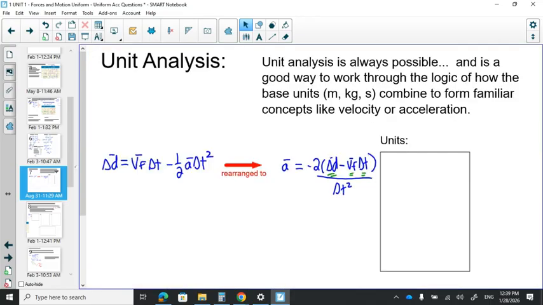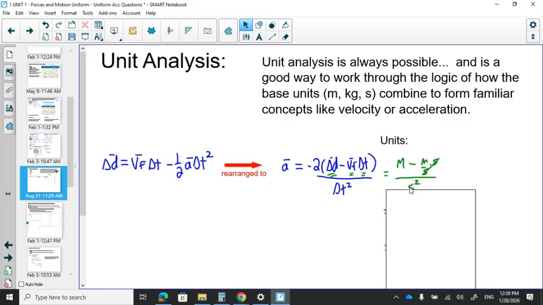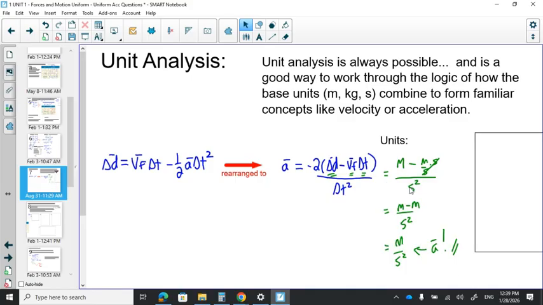In this case, press pause and put things in if you want. You have meters in the displacement. You have meters per second times seconds. So right here I have meters, and then meters per second times seconds. Essentially I've got meters on the top and seconds squared on the bottom.